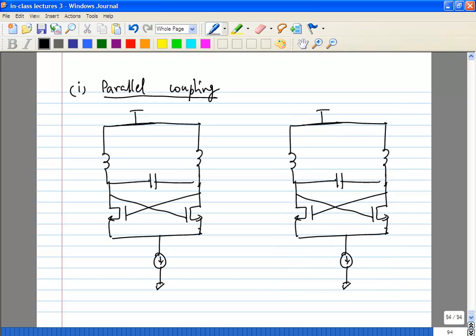Okay, what we are going to do is create something like this. Okay, we had the original oscillator, we are creating two more sets of input ports.